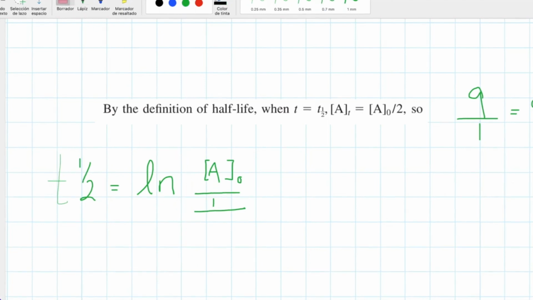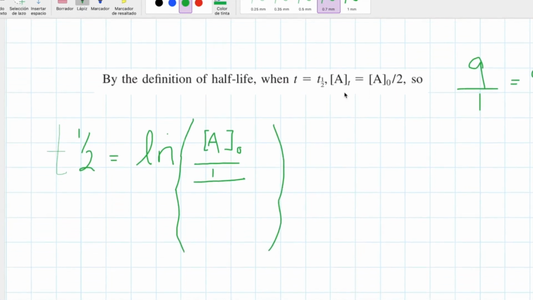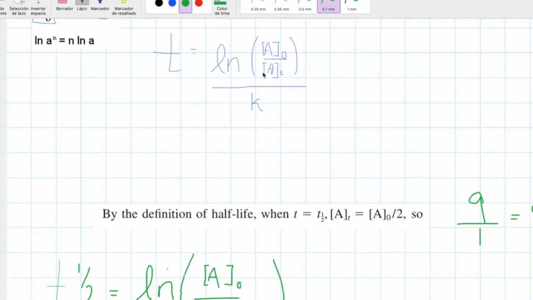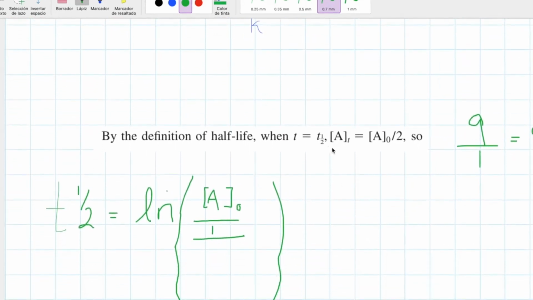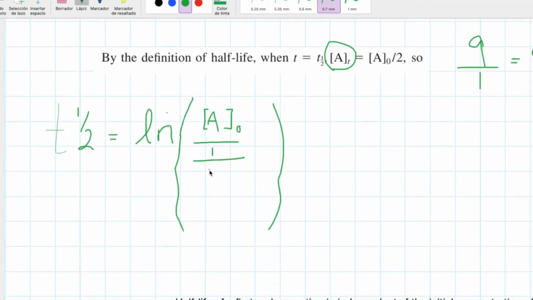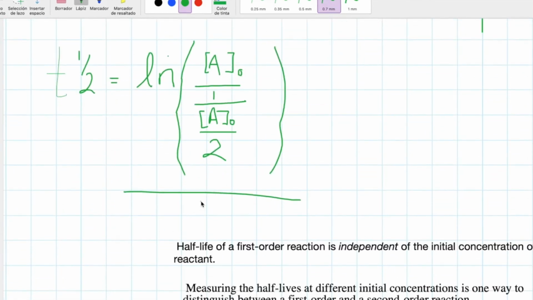So let's put a 1 as a denominator for our initial concentration, because we will do the quote trick again. Then it was over the current concentration, but now that we're solving for half-life, our current concentration is going to be our initial concentration divided by 2.